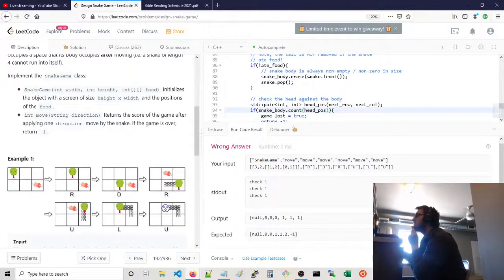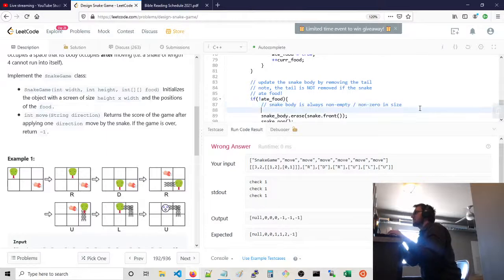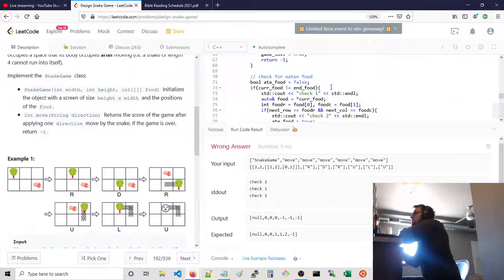Now, I guess I want to know what this snake front is. That's one thing. I don't actually know what that's going to be. Although I don't think this even matters because I don't think we ever even eat the food, right?